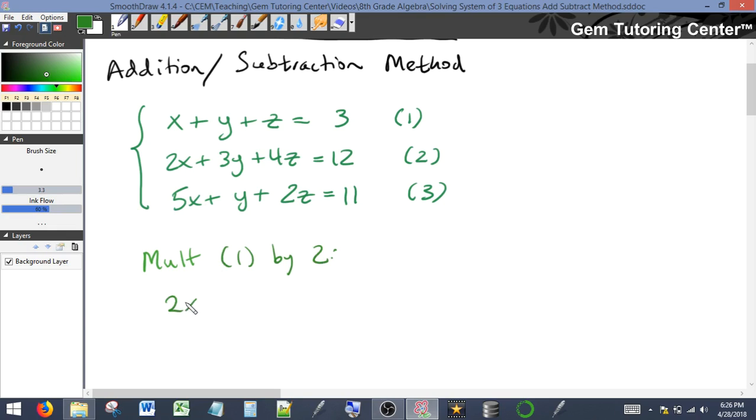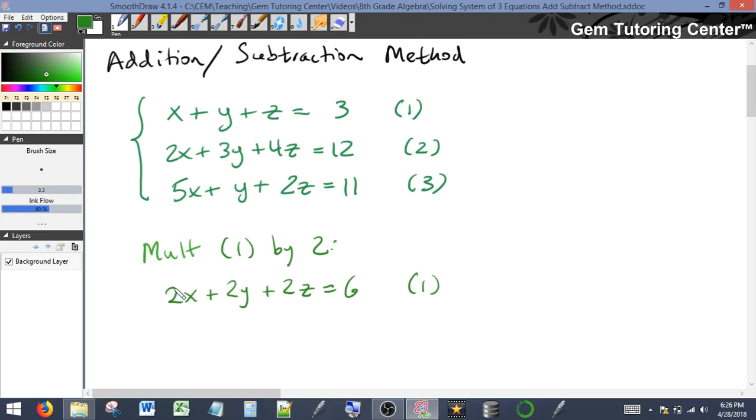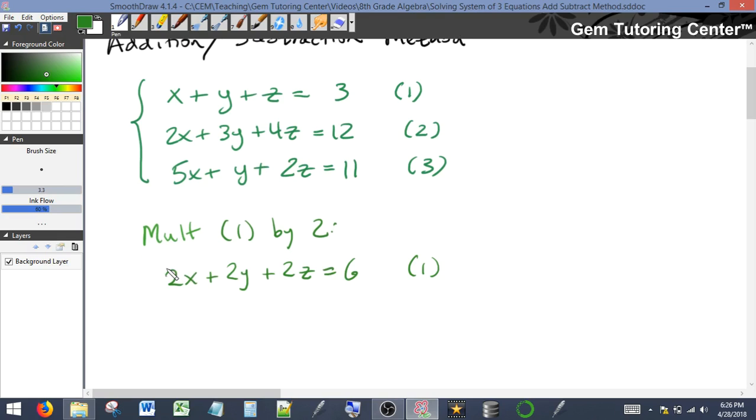And this is what that looks like. We'll get 2x plus 2y plus 2z equals 6. Now this is still equation 1. We haven't done anything to it other than multiplying both sides by 2, so it's still the same equation. Now what we're going to do is subtract the equation we just made from equation 2.